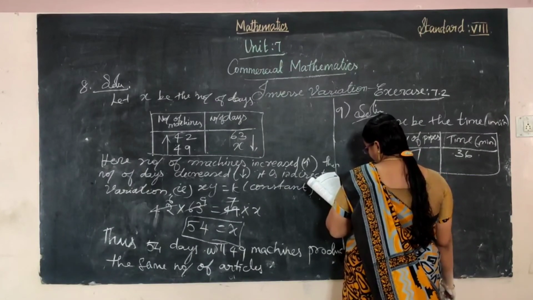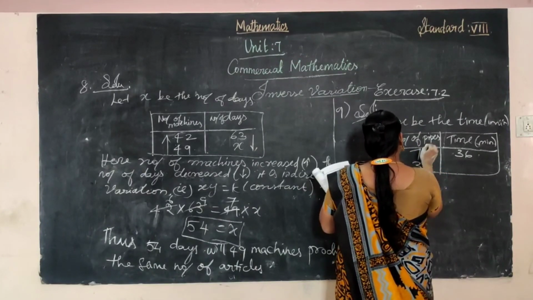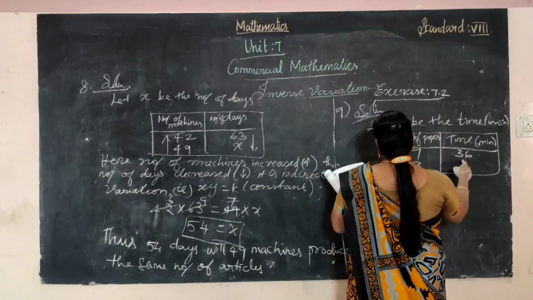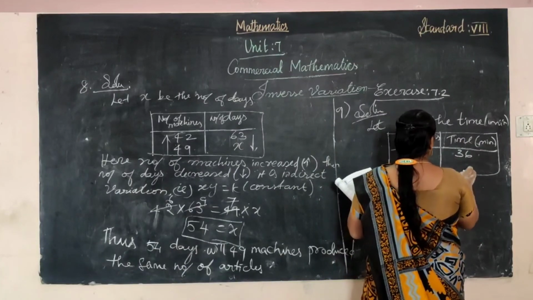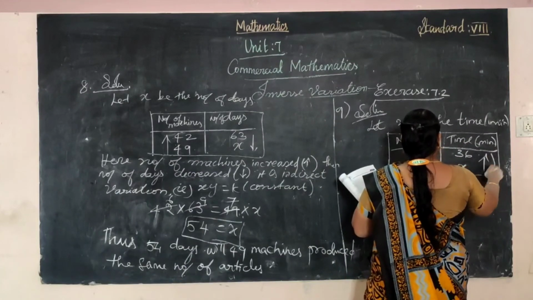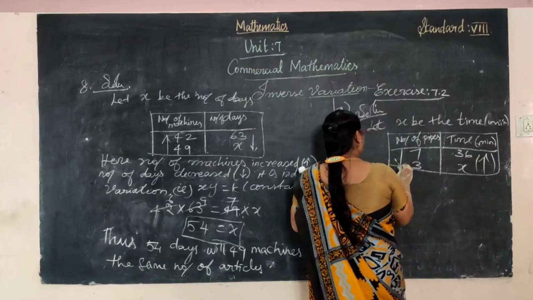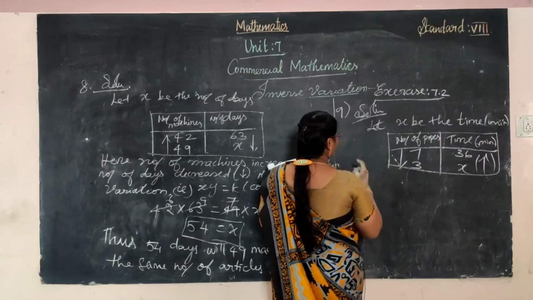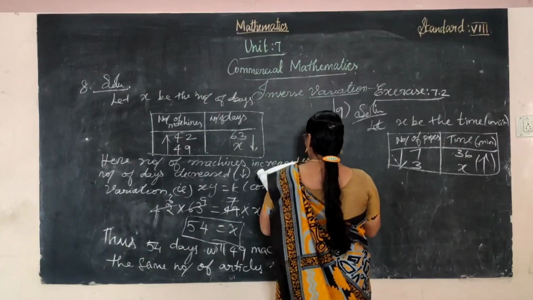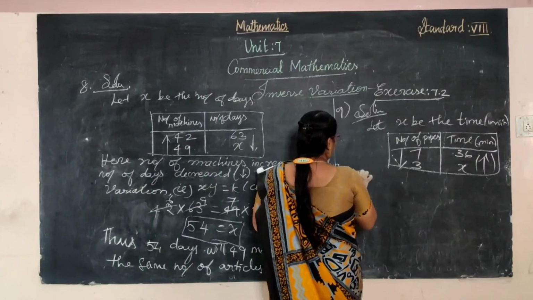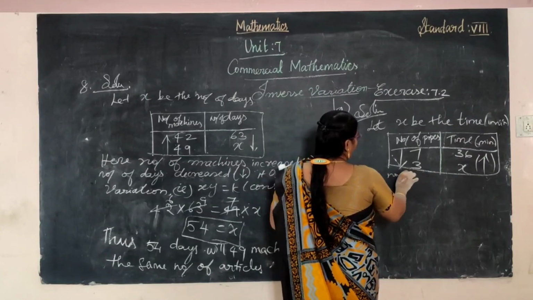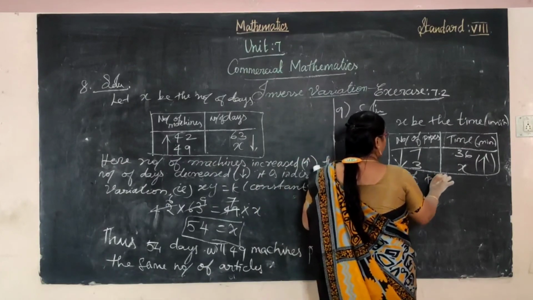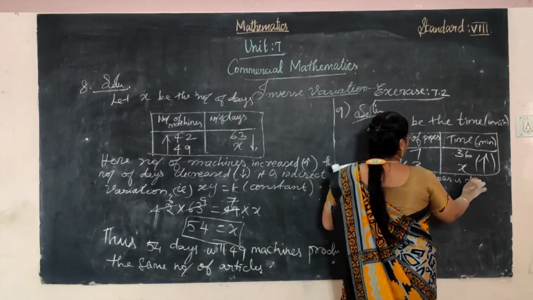How much time will 3 pipes take? So reduce the number of pipes, so the time will increase. Here, write the statement: the number of pipes is decreased.